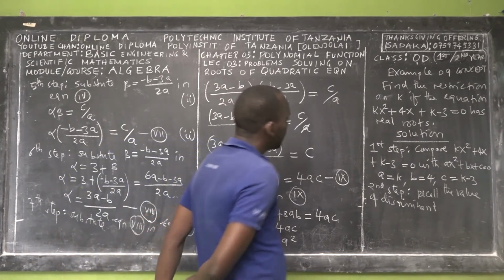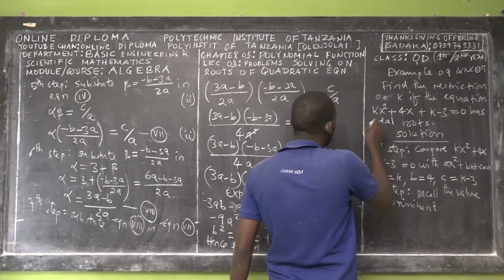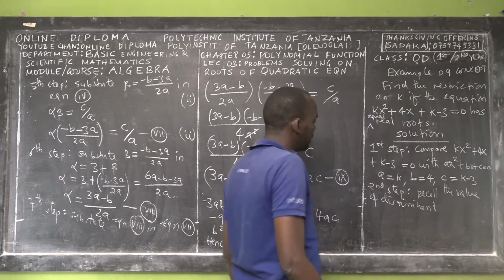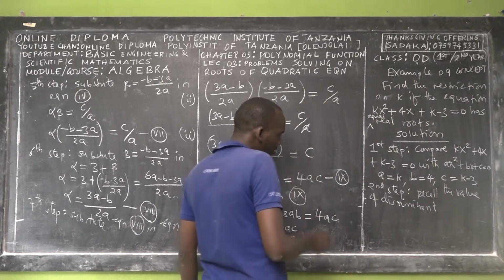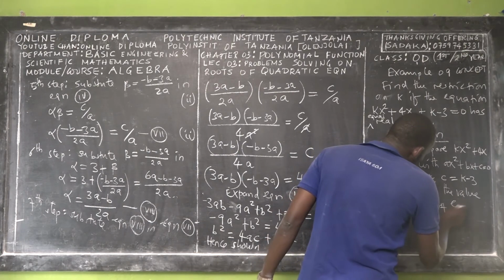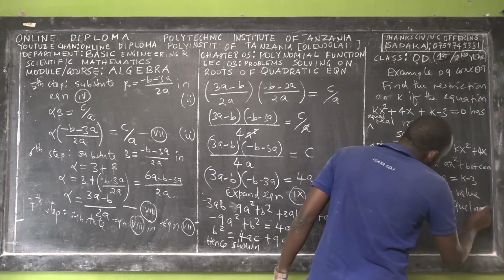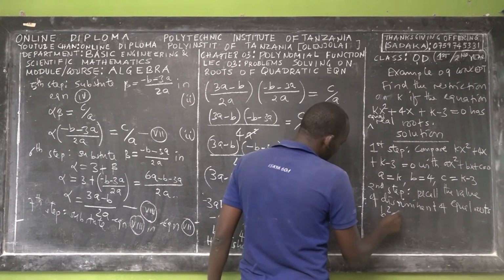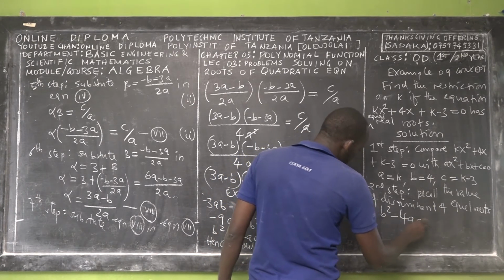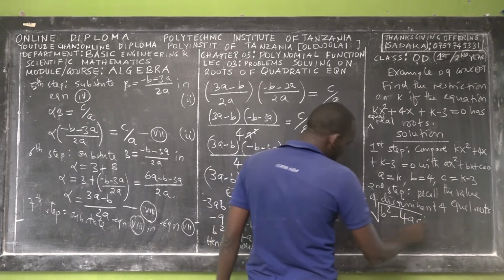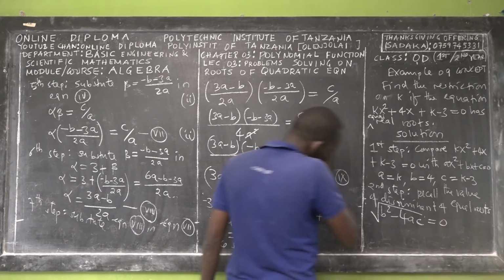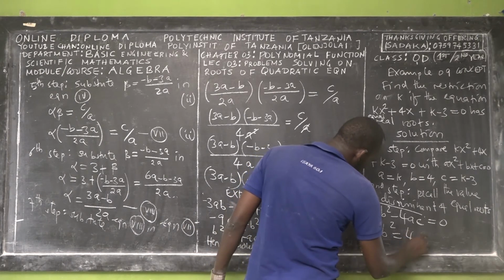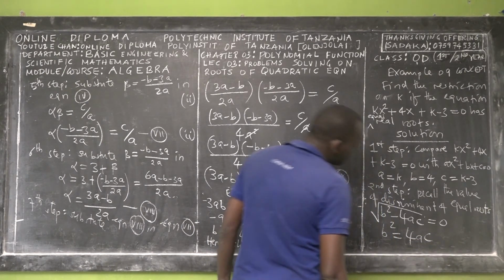Here there's the word equal. So for equal roots, we say that b squared minus 4ac, if you do remember, should be equal to 0. So b squared should be equal to 4ac.